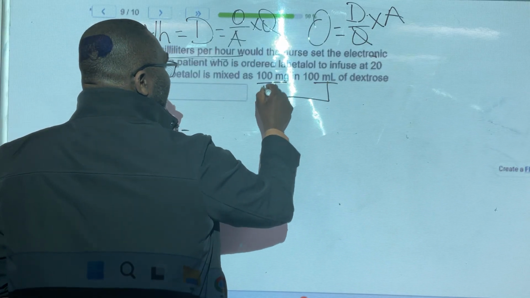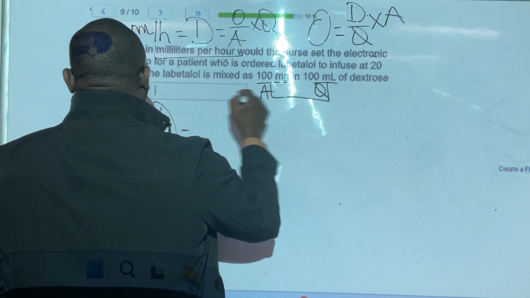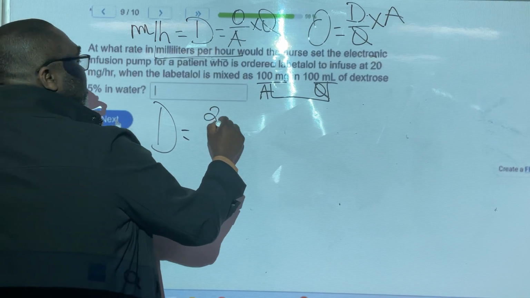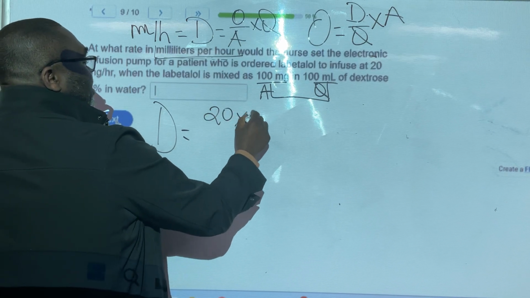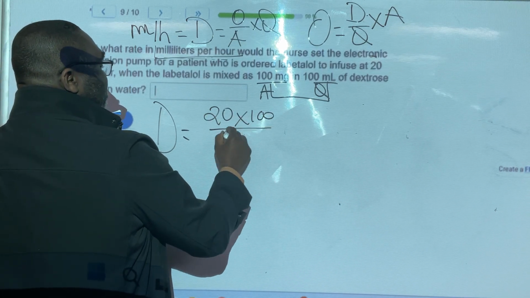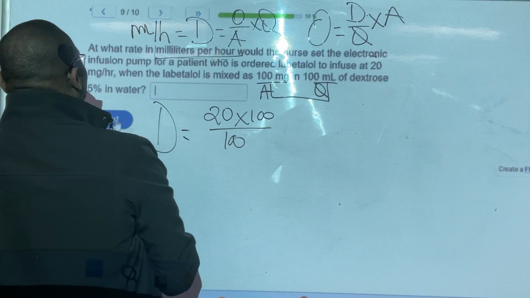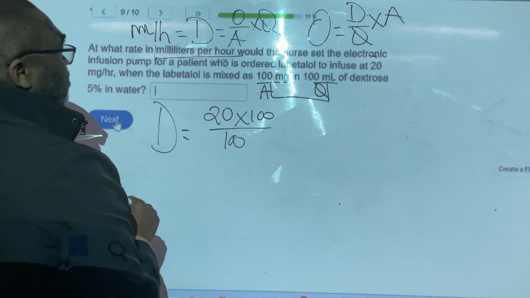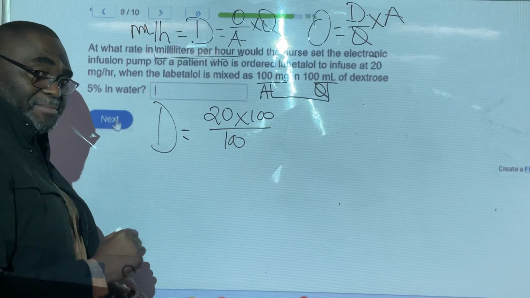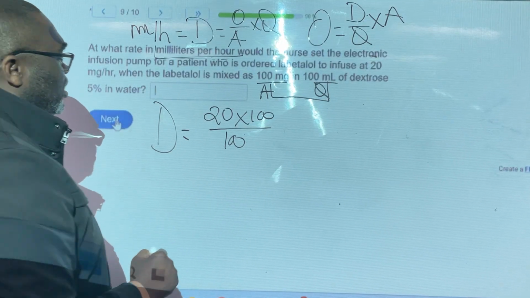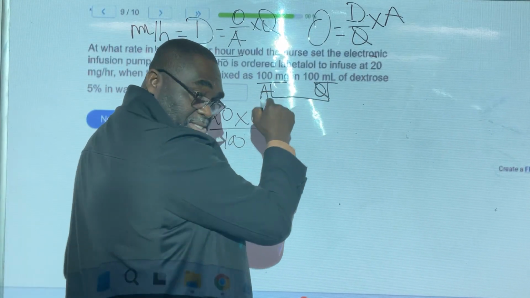Boom. This is my available, that is my quantity. My order is 20 milligram. So when I multiply that by 100, and divide that by 100, it's going to be 20. All right? But Mr. Simba, why do you multiply by 100 and divide by 100? Oh, it's not me. They give it to me, it's part of the problem.